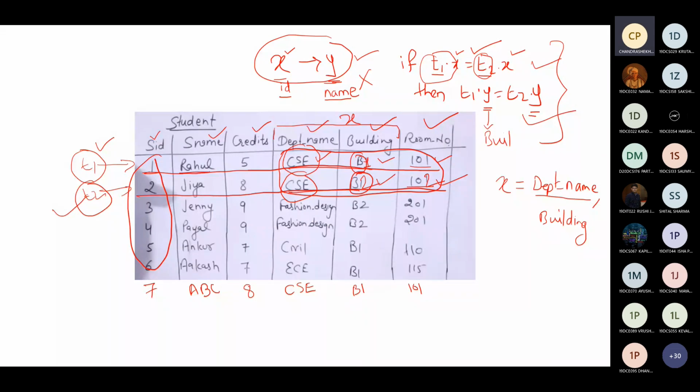No one remembers? Trivial, non-trivial, multi-valued, anything? A trivial dependency, non-trivial dependency, multi-valued dependency. Anyone of you?